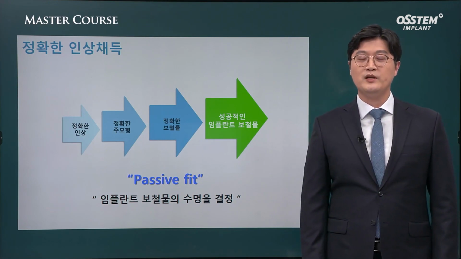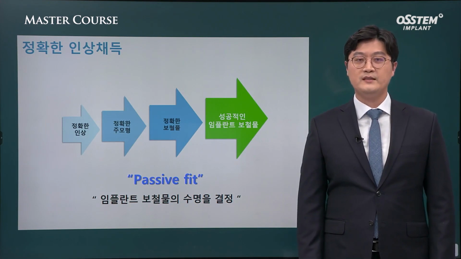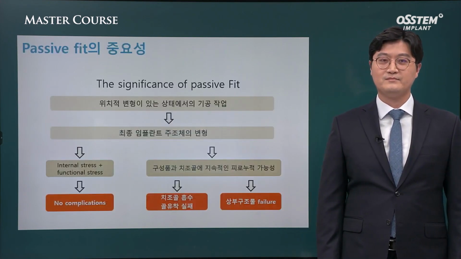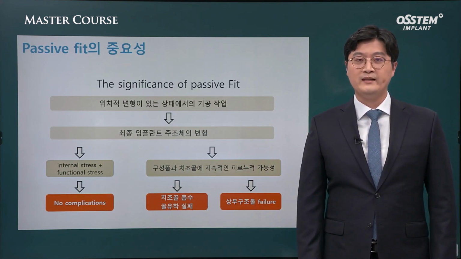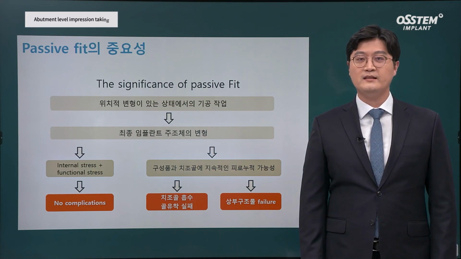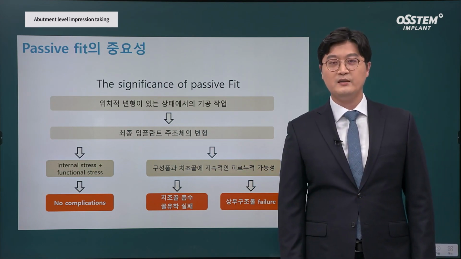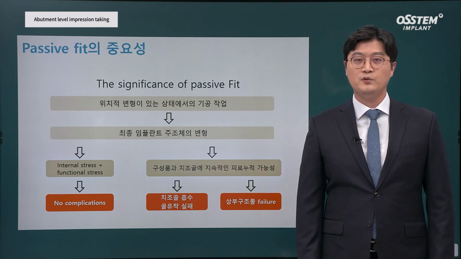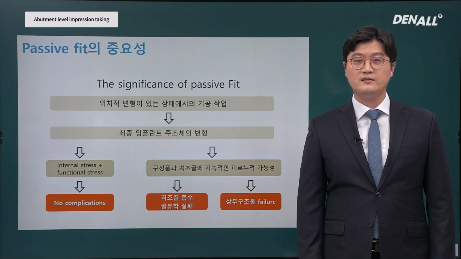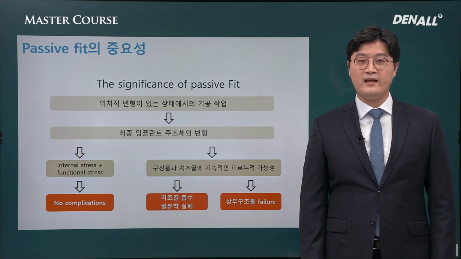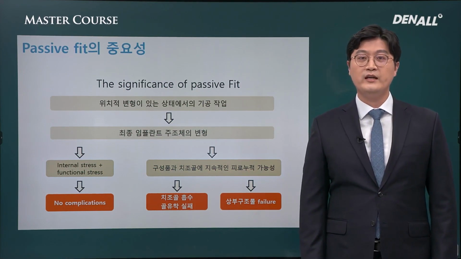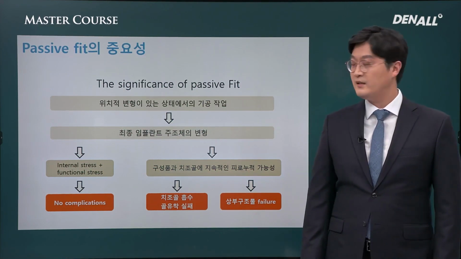For a successful implant prosthesis, passive fit between an implant and the prosthesis is very important. The significance of passive fit: the final implant prosthesis will reflect the errors. When the prosthesis is delivered to a patient, continuous fatigue can accumulate, which is harmful to the implant.